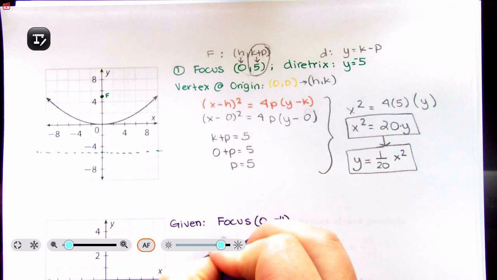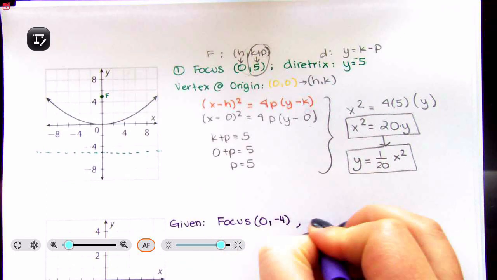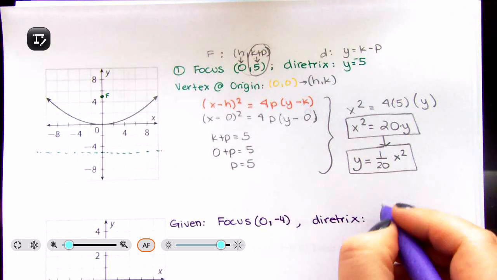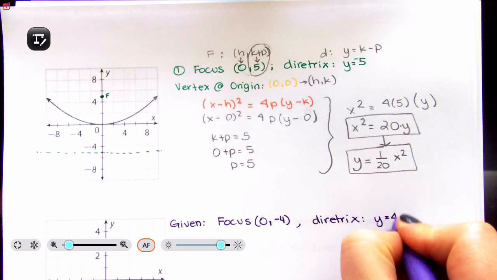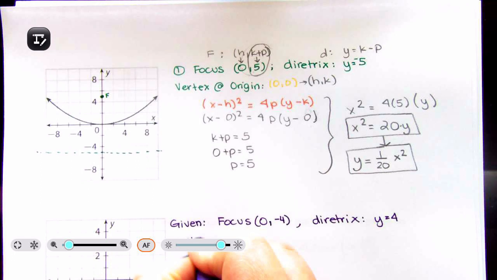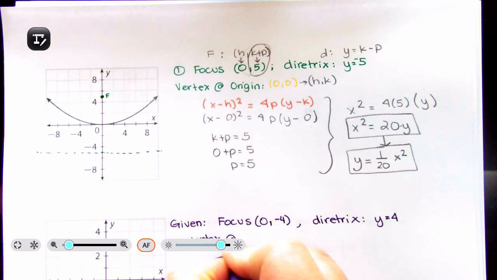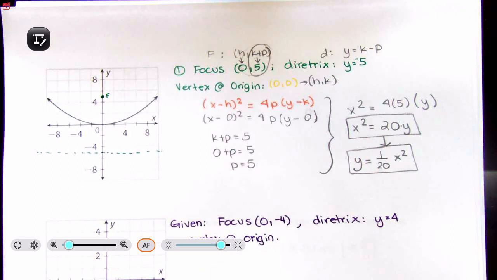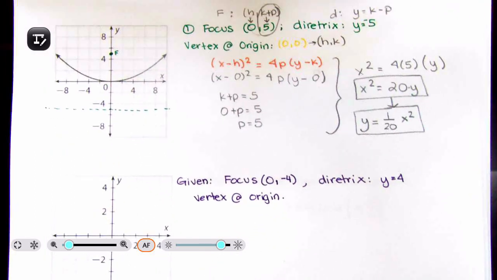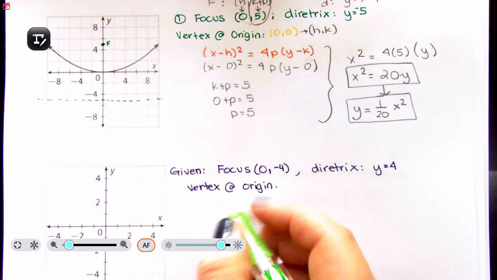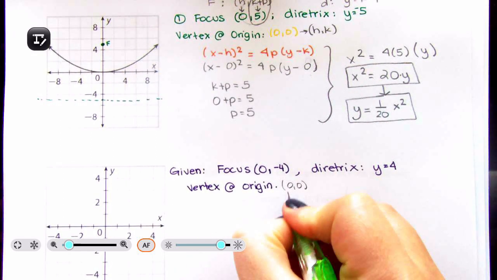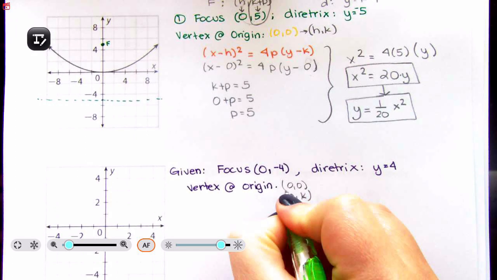Directrix is at y equals 4. And again, your vertex is at your origin. Very similar to example number 1. Since we have our vertex at our origin, our vertex is 0, 0. That means this is h, k.